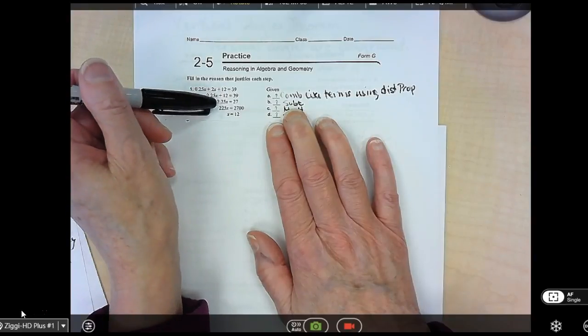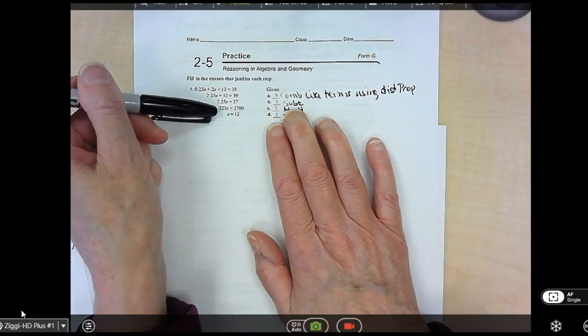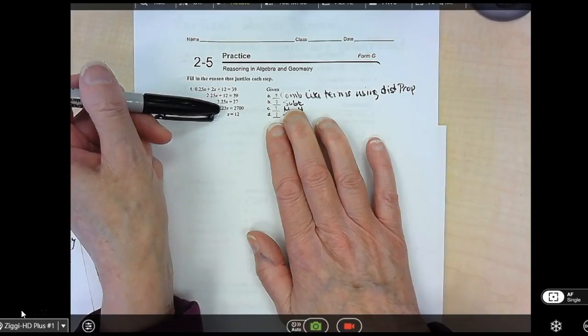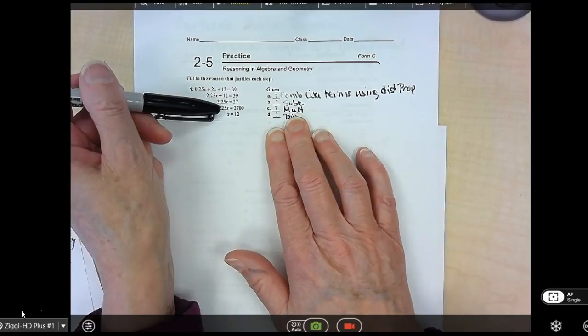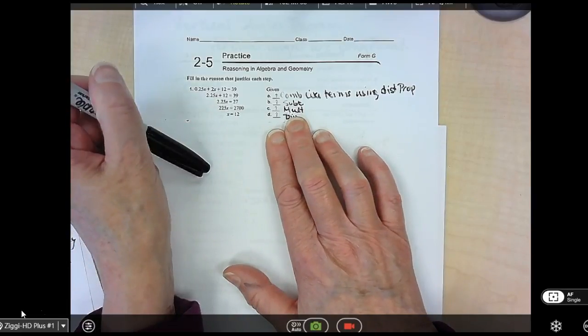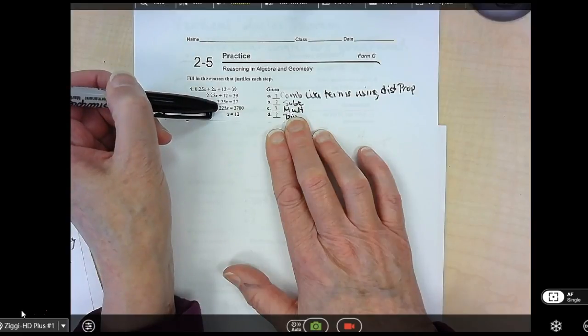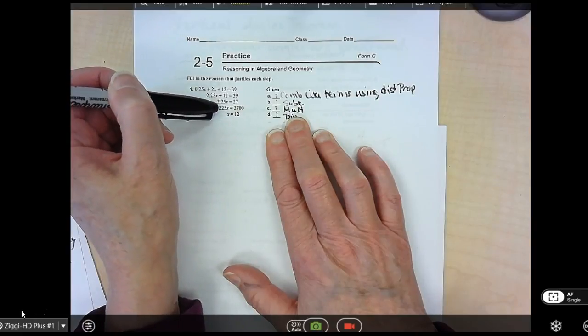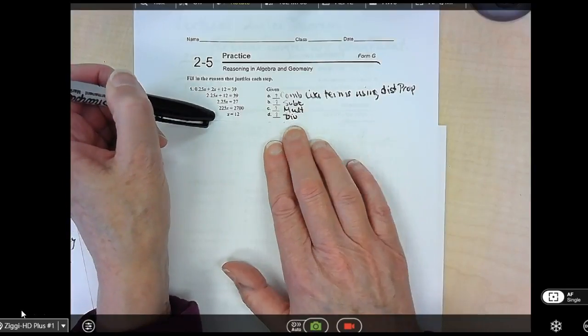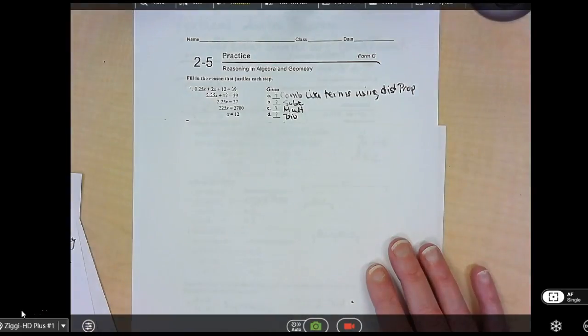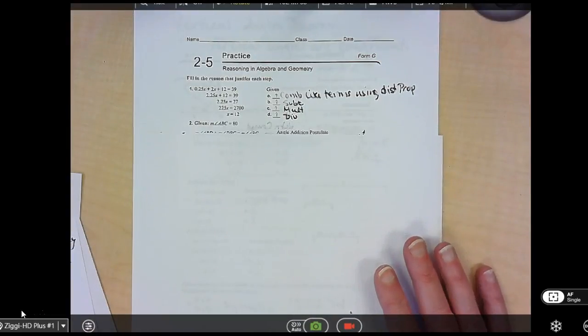To go from 2.25x equals 27 to 225x equals 2700, they multiplied both sides by 100, so it's multiplication property of equality. And then to go from 225x to single x, they divided both sides by 225, so division property of equality. So justifying each step is not that hard.